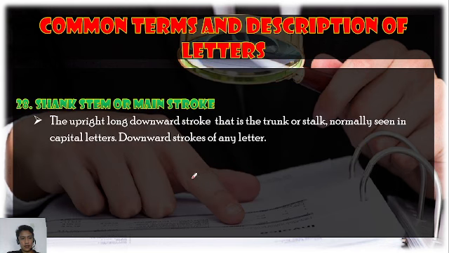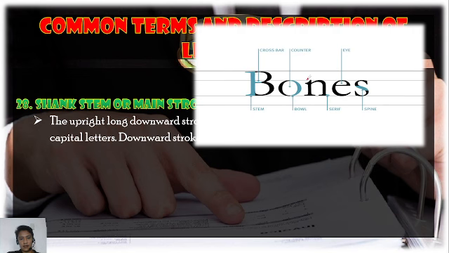And next is we have here the shank or stem or main stroke of the letter. So we have here the upright long downward stroke, that is the trunk or stalk, normally seen in capital letters. Downward strokes of any letter. Okay, so meron po tayo yung shaft or stem po na tinatawag natin, or the main stroke. It is common for the big letters.